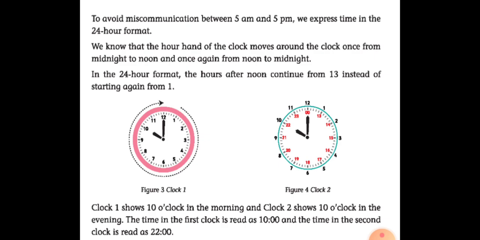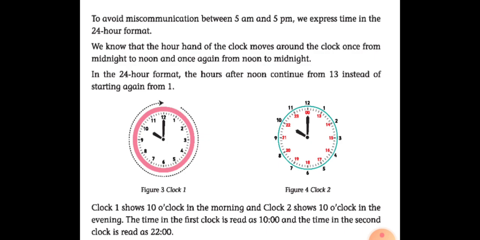So every 12 hours the clock comes around again, in a clockwise direction. So in the 24-hour format, the hours after noon continue from 13 instead of starting again from 1.